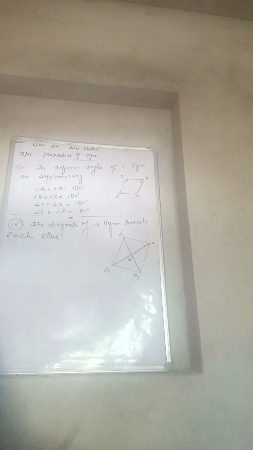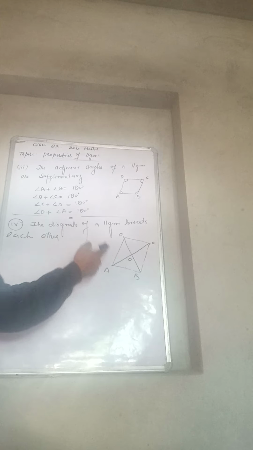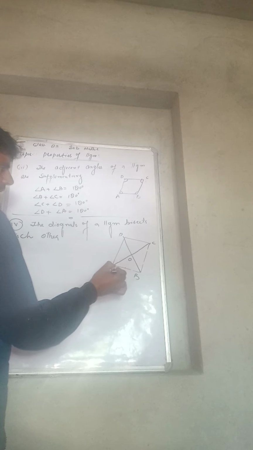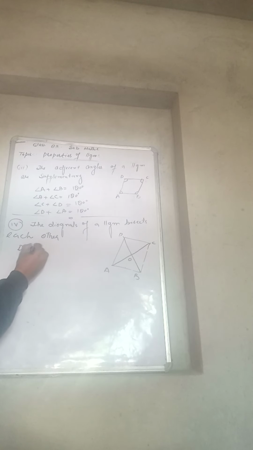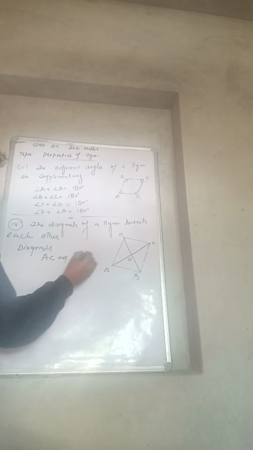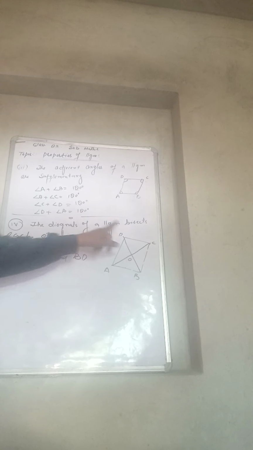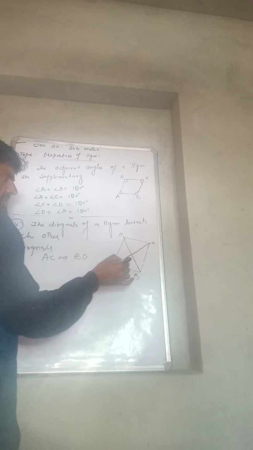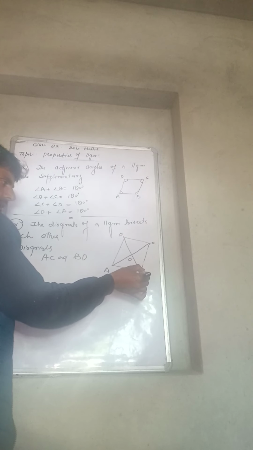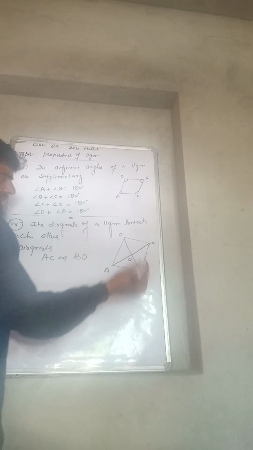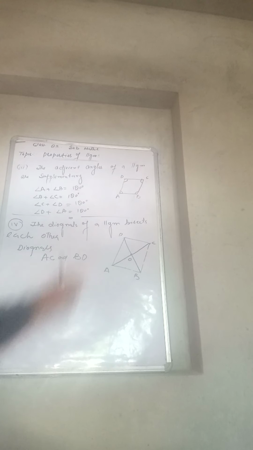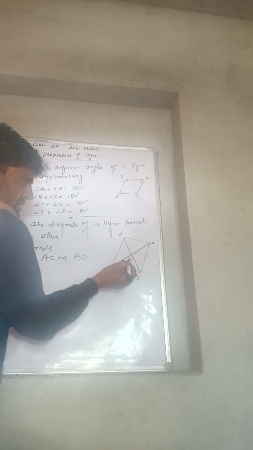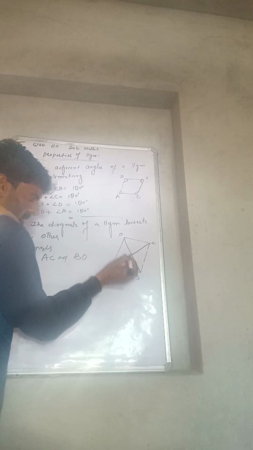Let them intersect at O. According to the property, the diagonals AC and BD of a parallelogram bisect each other, which means that once they meet in a parallelogram, they bisect each other. Suppose they intersect at O.